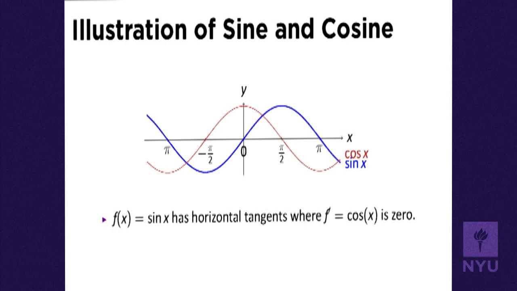Now, what about the derivative of cosine? Well, if you look at the graph of cosine, you see that it has sort of the same relationship with sine, where the cosine has horizontal tangents, such as here and here and here. Sine is 0 here and here and here. Okay.